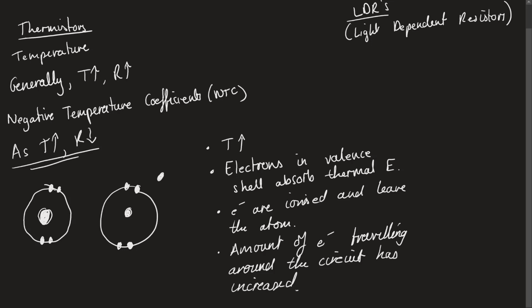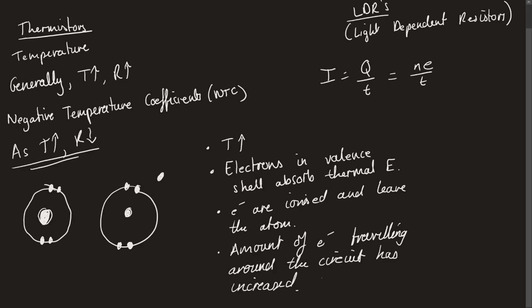Okay, now this means if our current is the charge over time, and we know our charge carriers are all electrons, so the total charge that we have, we could just write as the number of electrons times the electron charge. And if we've increased the number of electrons, that's directly proportional to the current.